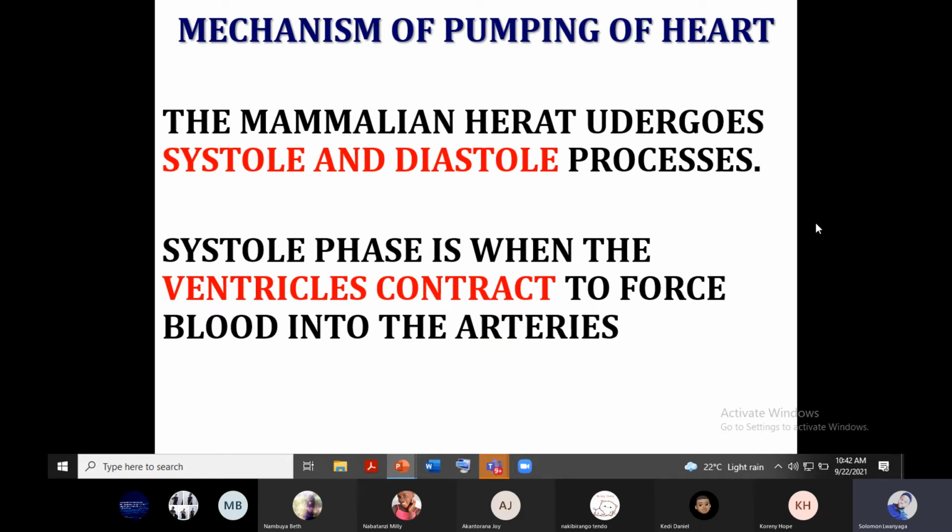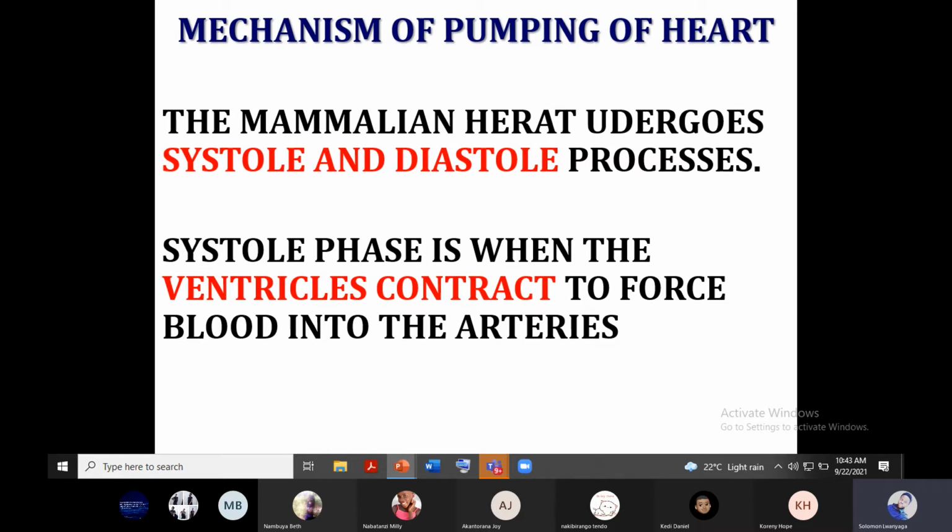So this is the second assignment I want people to do. I want you to describe for us the mechanism of pumping that the heart uses. How does the heart do its function?